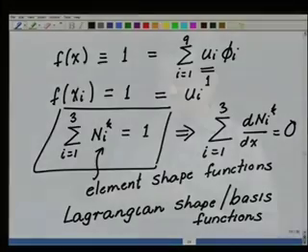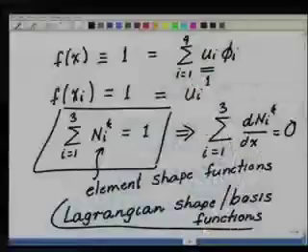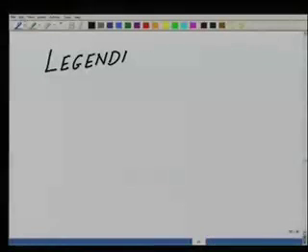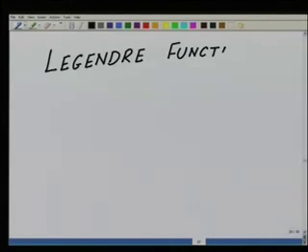These Lagrangian basis functions that we have constructed are not the only ones that we can have. For those who are interested, there is also a very popular family of basis functions, the Legendre functions, but we are not going to discuss it here in this analysis.